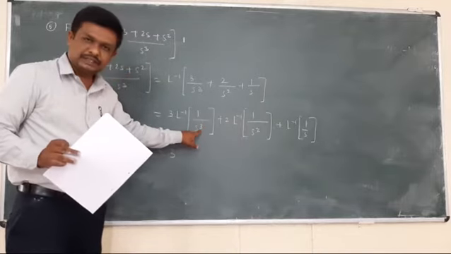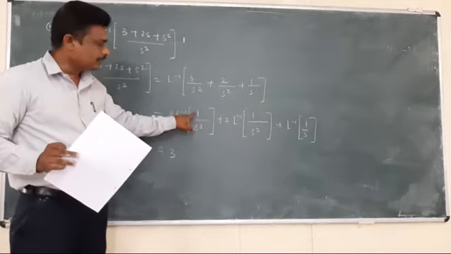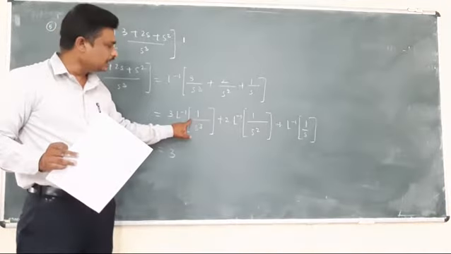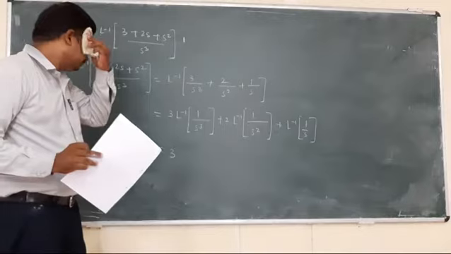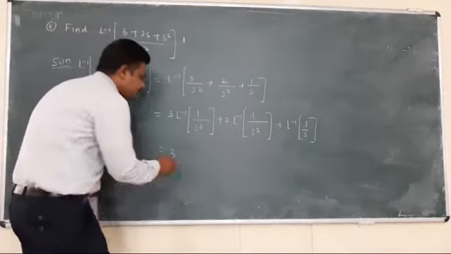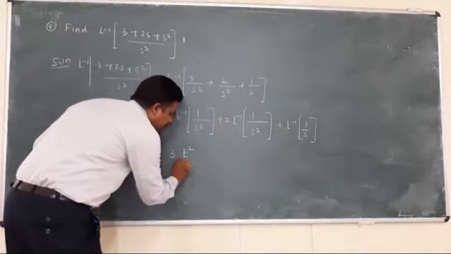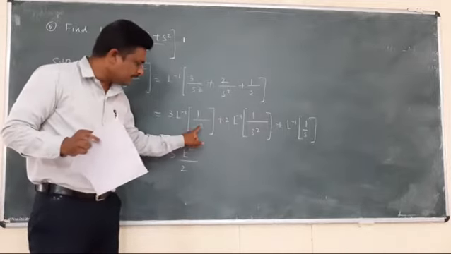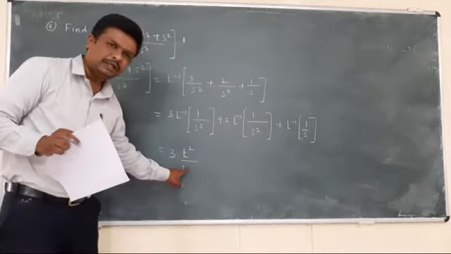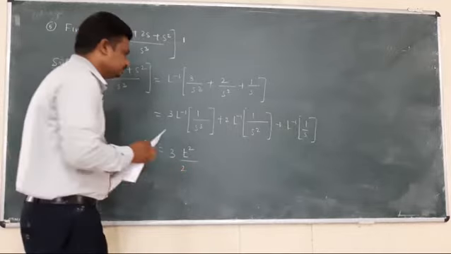So here the value of n is 3. So I will apply the 1 upon S raised to n formula, that is t raised to n minus 1 upon n minus 1 factorial. So it will become t square upon 2. 3 minus 1 is 2, 3 minus 1 factorial is 2 factorial, and 2 factorial value is 2.